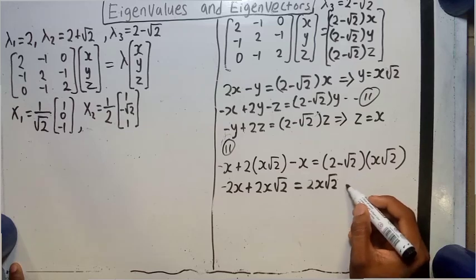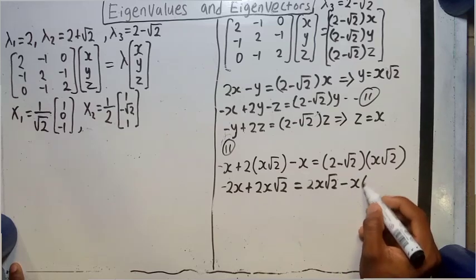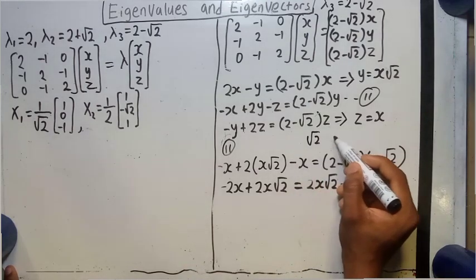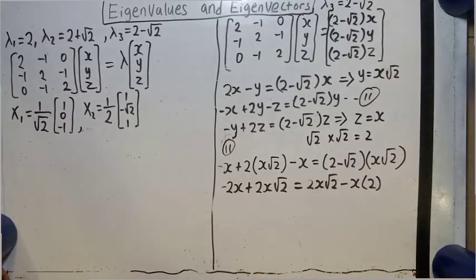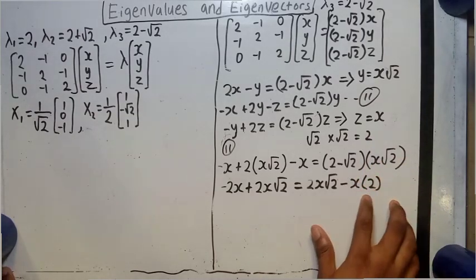This guy, you're going to be having x bracket 2. Why is it x bracket 2? Root 2 times root 2 will give you 2. Okay, so this, that.